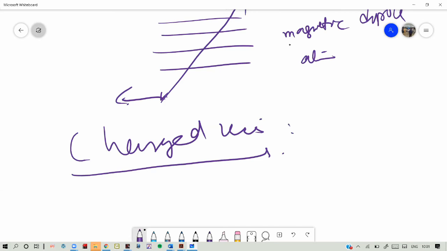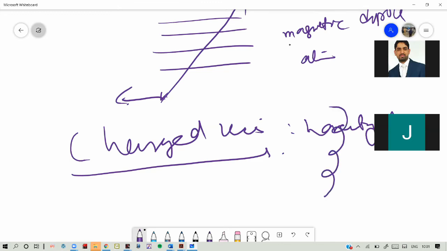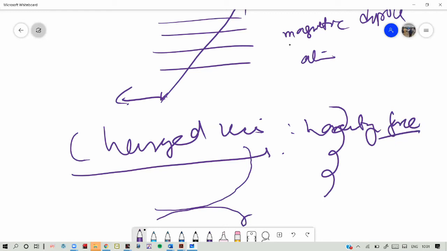Charged ions will experience a Lorentz force. They will be moved like this, coming and going, depending upon their charge. So we will not be able to find a trace on that photographic plate.